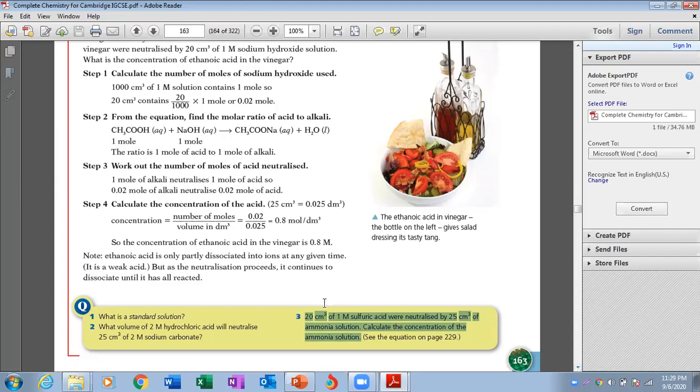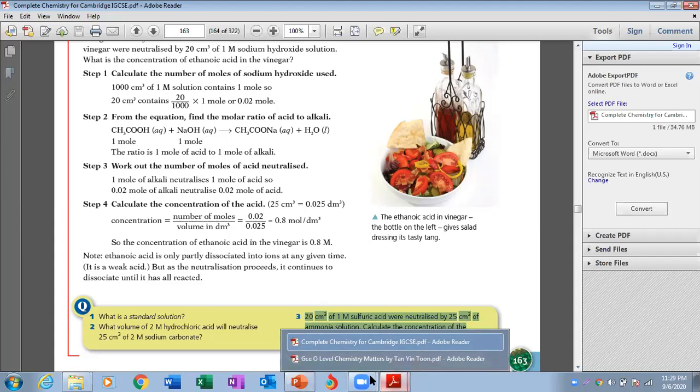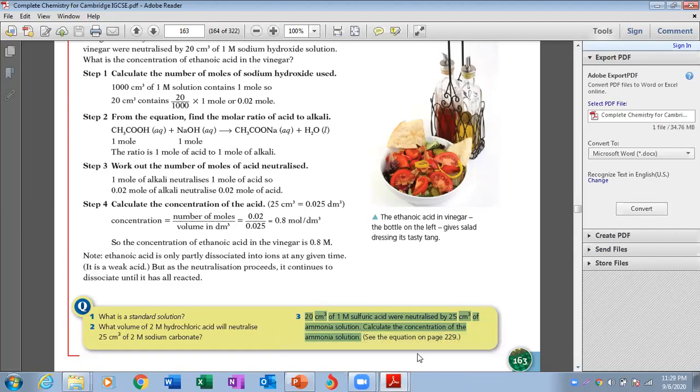Calculate the concentration of ammonia solution. I'm copy pasting this material onto my screen, and I will use my whiteboard and find out the concentration with the help of the titration method.